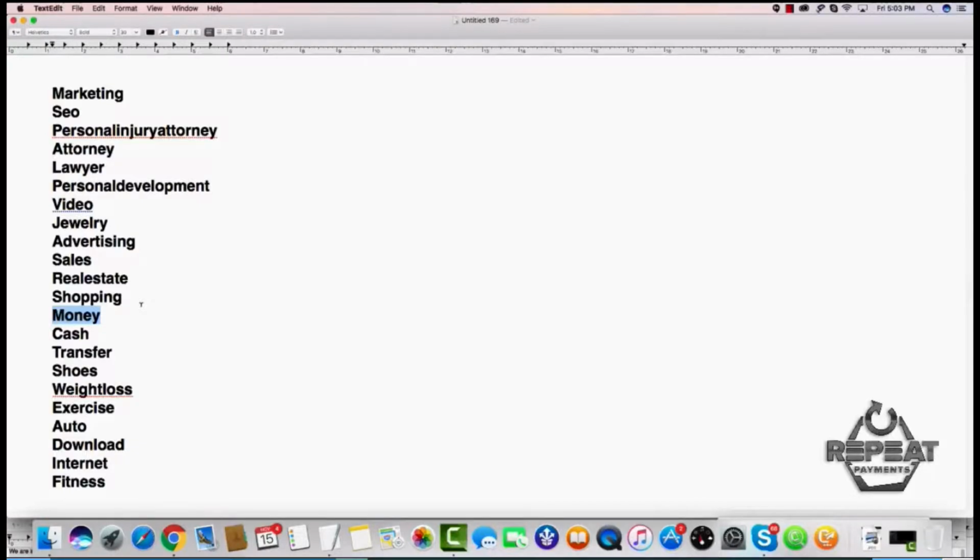Remember, in any of those types of things that I just mentioned, you might want to do some research into different affiliate programs using our control panel and find some affiliate programs in those verticals.